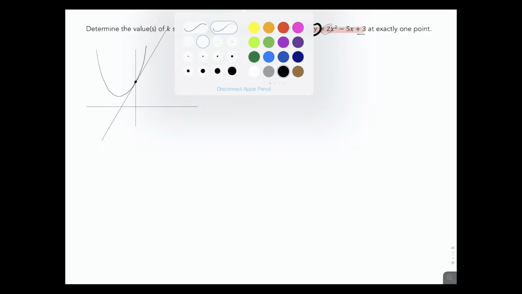So if they intersect at 1 point, then they have to have a point in common. In other words, the y value for the linear has to equal the y value for the quadratic. So why don't we set that up?